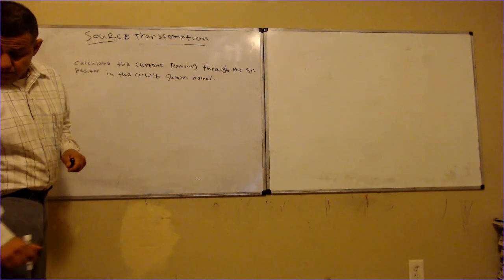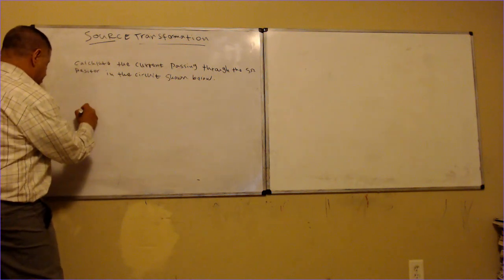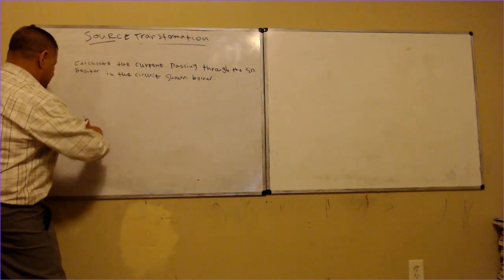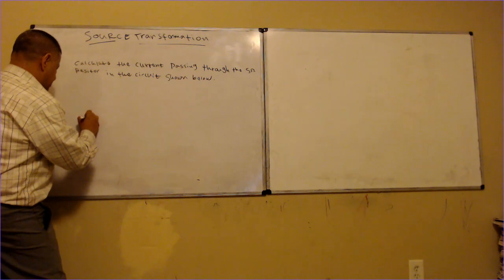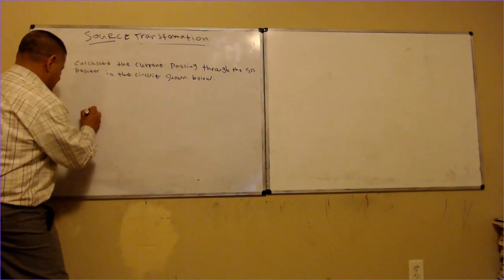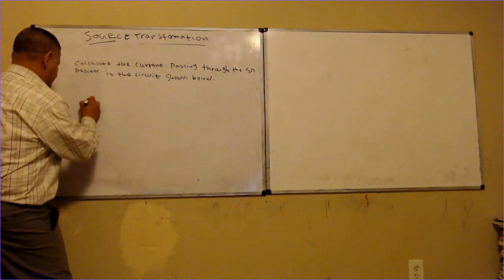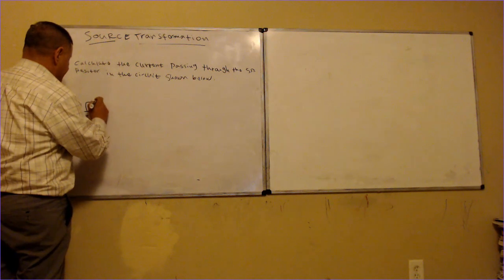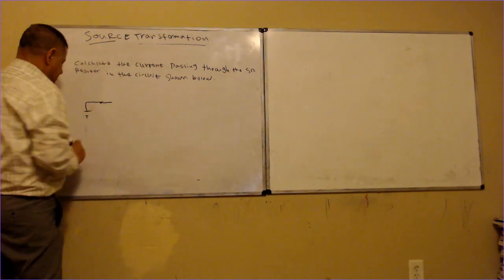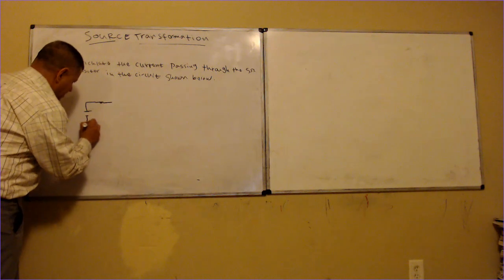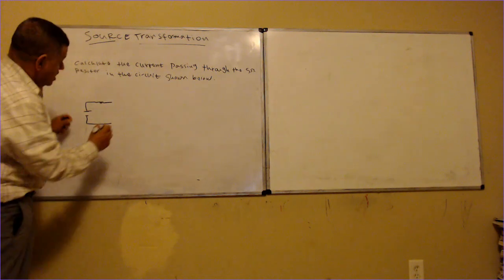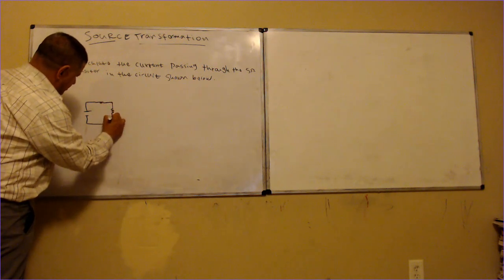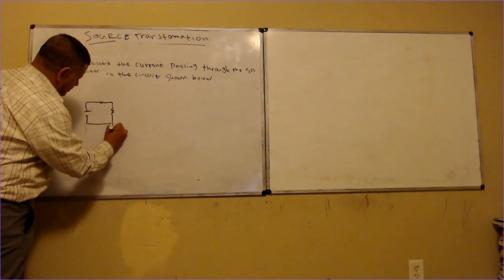So we need to draw a little circuit here. We have two batteries like this, going from negative to positive. Right here we have the first resistor, and then we have a node here, and we have a resistor going down to a ground.